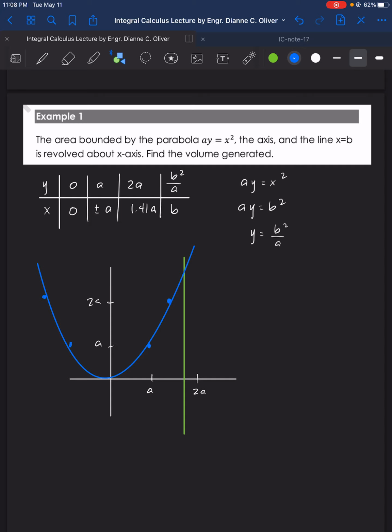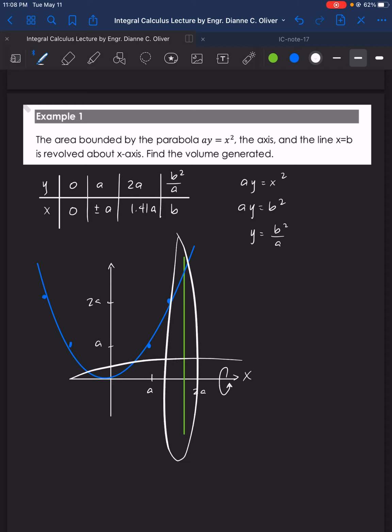So we will be finding the volume generated if it is revolved about the x-axis. So this is the x-axis and this is our axis of revolution. If we are revolving here and these are our boundaries, the curve and the line, okay, it did not mention the x-axis.